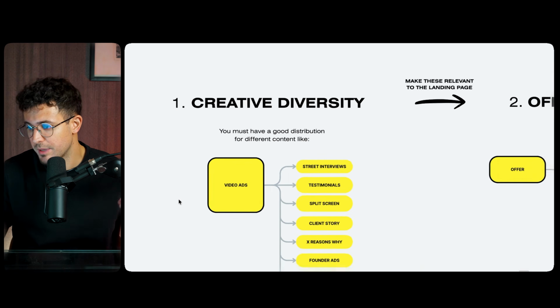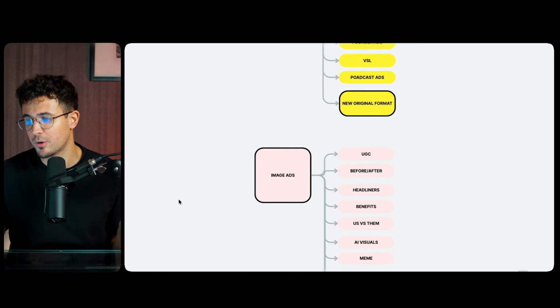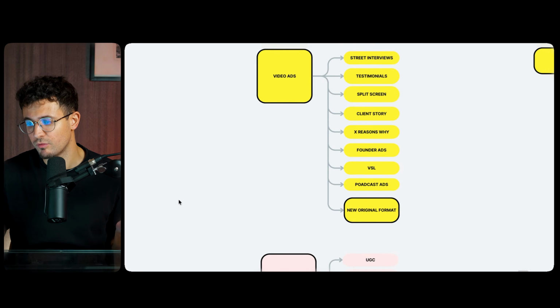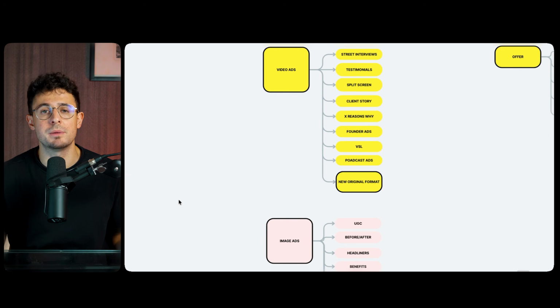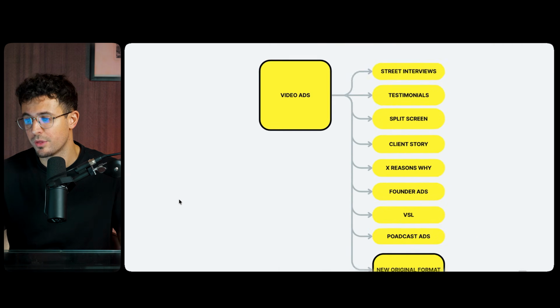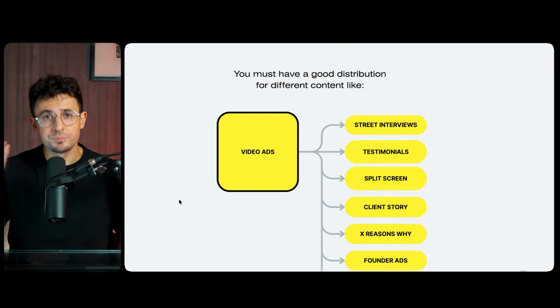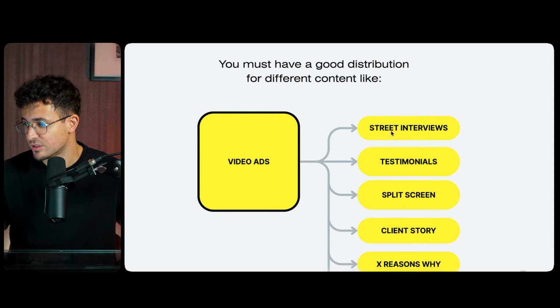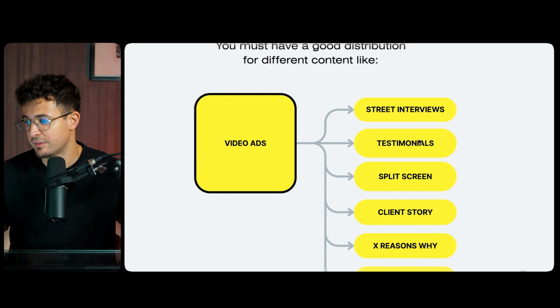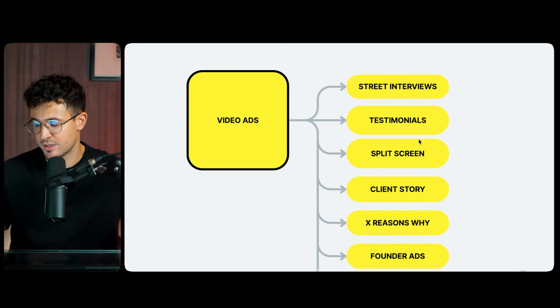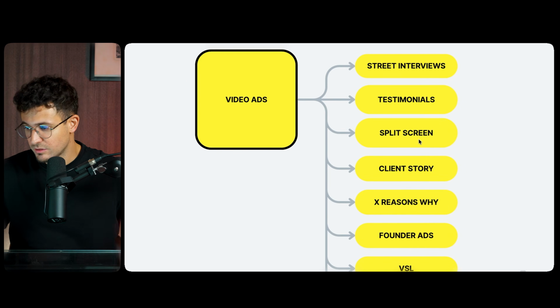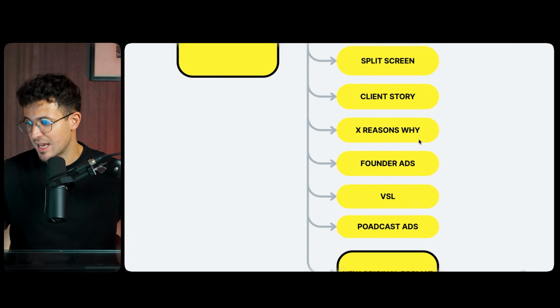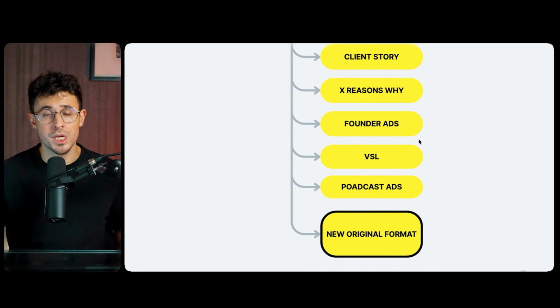This is going to be an example of creative that you can use. The most important thing is that you don't focus on just video ads or just image ads, but on both. Then you want to make sure you're focusing on different formats. For instance, for video ads, you want street interviews, testimonial ads, split screen ads, client stories, X reasons why, founder ads, VSL, podcast ads, and new original formats.